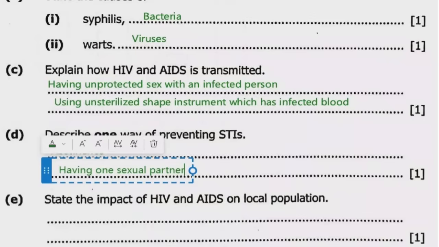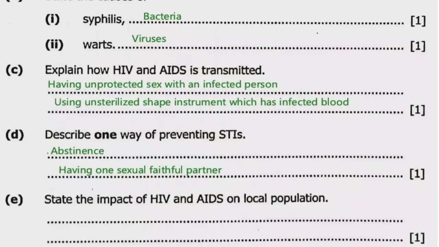And again here on partner we should put the word faithful: one faithful partner. The person that you trust is faithful to you. It's okay, there is room for disappointment if a girl disappoints you. It's okay, but you have one faithful partner with whom you have sexual intercourse. That one also reduces the risk of getting HIV or AIDS.